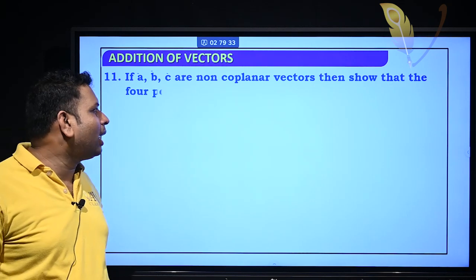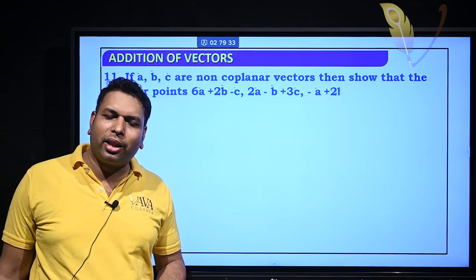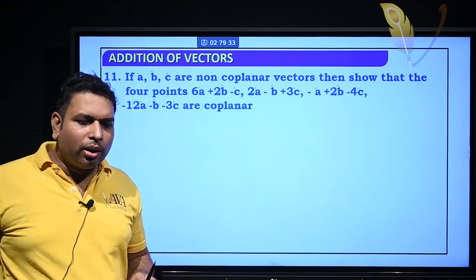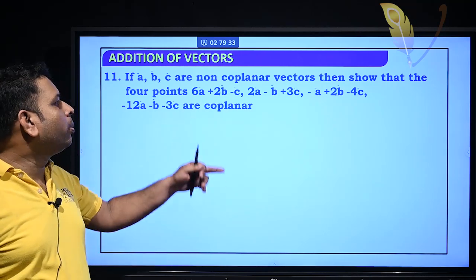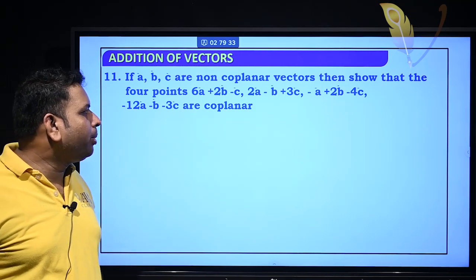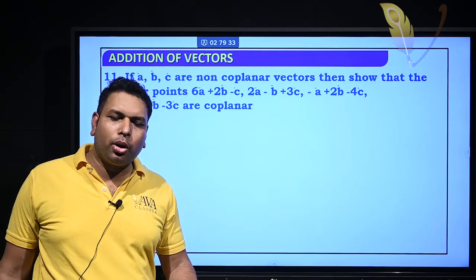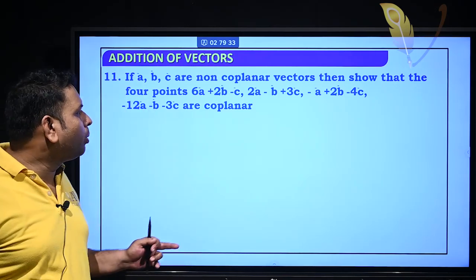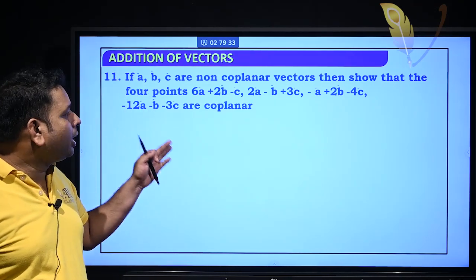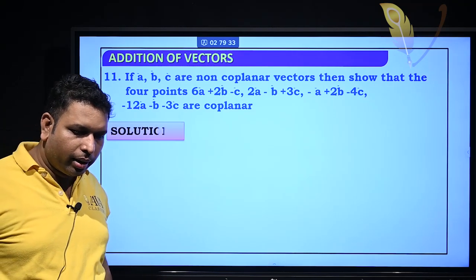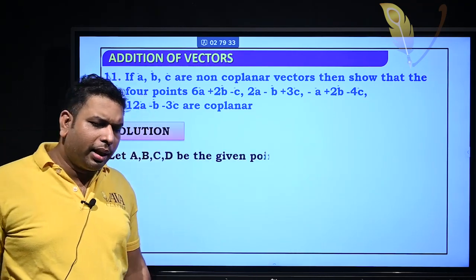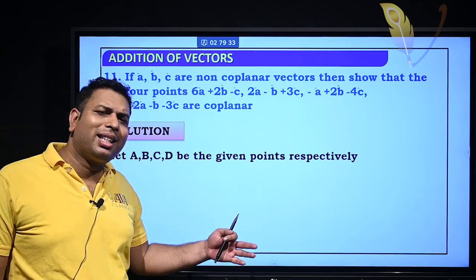If a, b, c are non-coplanar vectors, then show that the 4 points 6a plus 2b minus c, 2a minus b plus 3c, minus a plus 2b minus 4c, minus 12a minus b minus 3c are coplanar. Solution. Let A, B, C, D be the given points respectively.